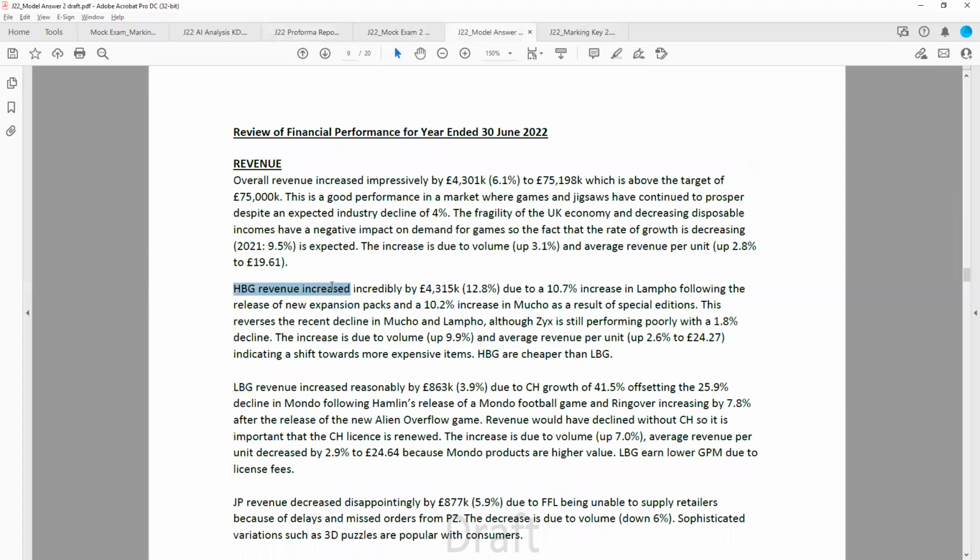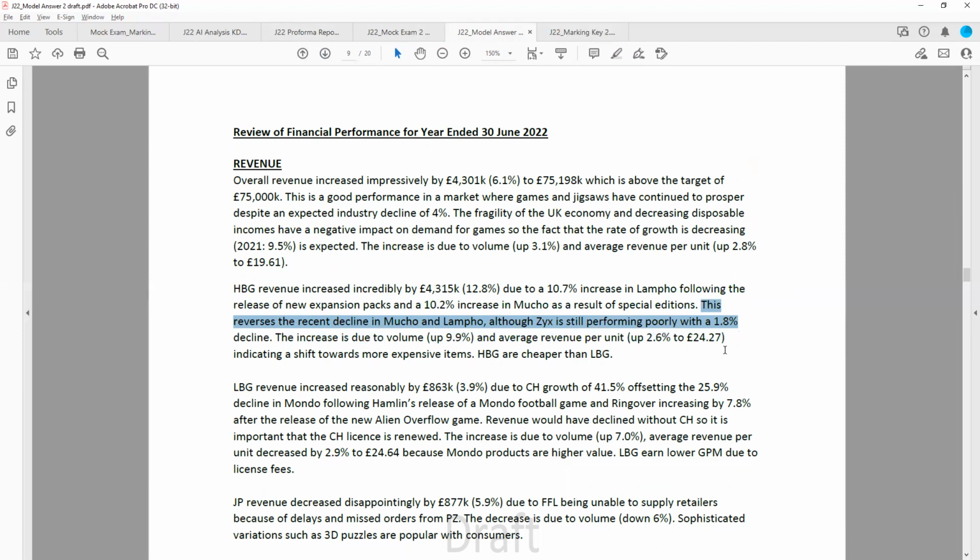So you can see here, HPG increase, number, as we said, incredibly impressive. And then the reason is because there was this increase in LAMFO because of the expansion packs, this increase in Mucho because of the special editions. And then we said here, as our further insight point, this reverses the recent decline in Mucho and LAMFO, although Zincs is still performing poorly.